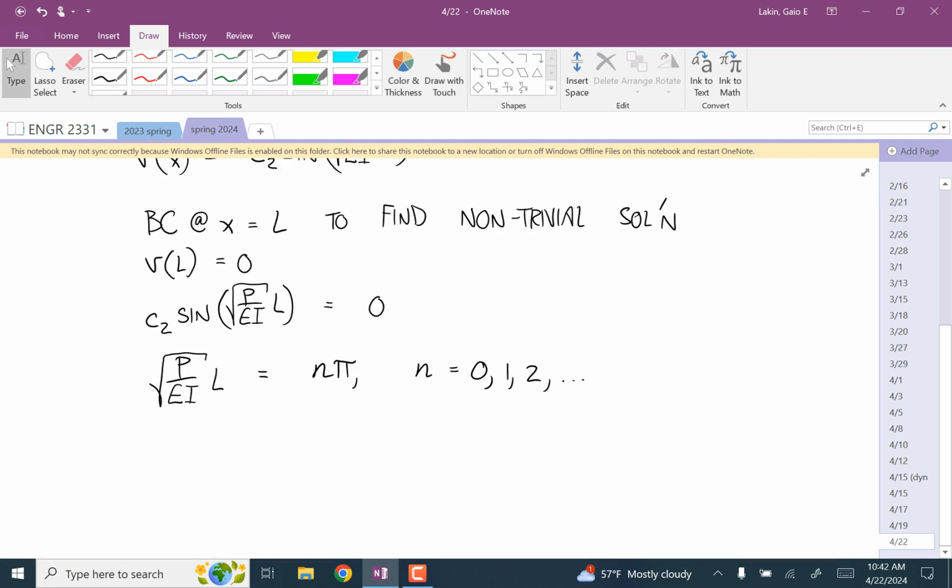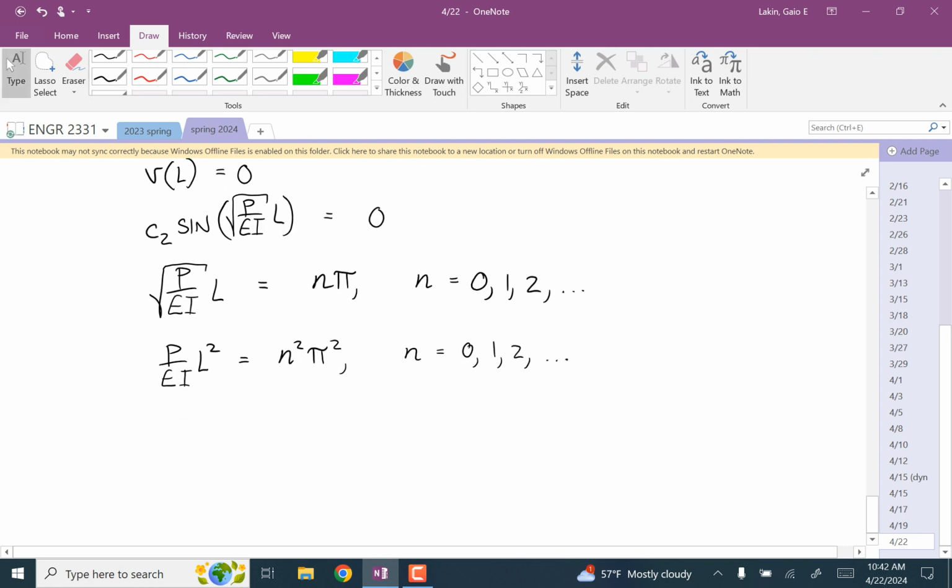And now you can just square stuff and find the n that's the smallest non-trivial solution. So P over EI times L squared is equal to n squared pi squared. Solve for P, and you get EI n squared pi squared over L squared for n equals 0, 1, 2.